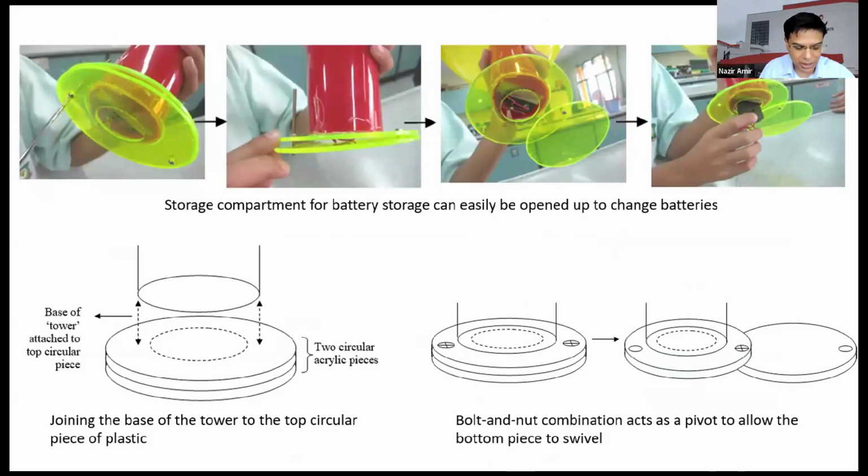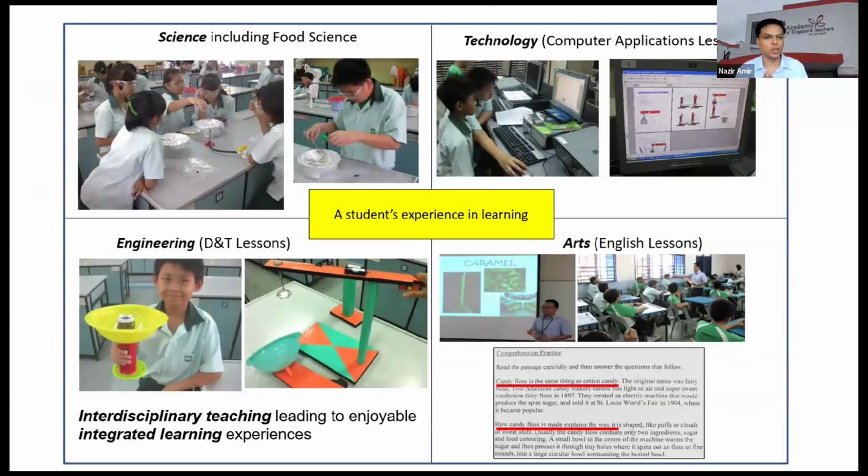The creativity comes from the students, but it also shows how the teachers of science, technology, engineering, arts, and mathematics come together to capitalize on a project to teach the content. Again, this is not an applied STEM project. This is in English lessons, in technology lessons, in engineering lessons, in science lessons, regular lessons, but how teachers come together to present this content.